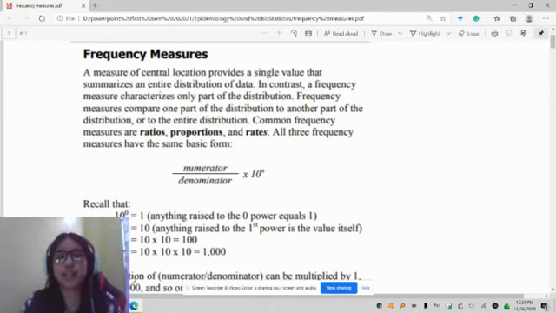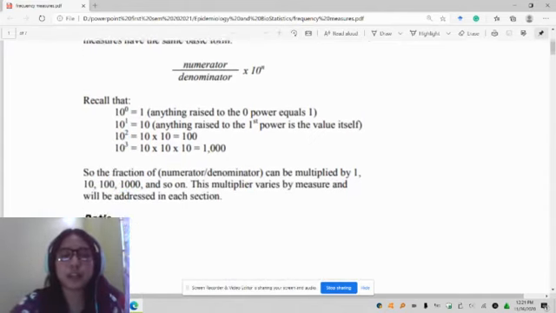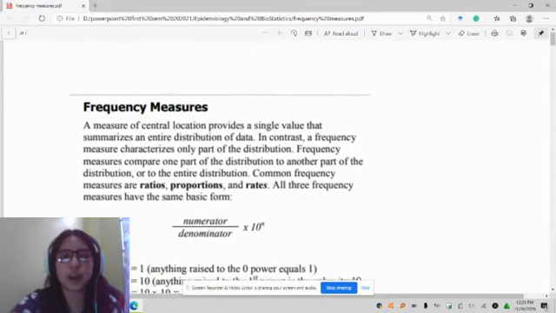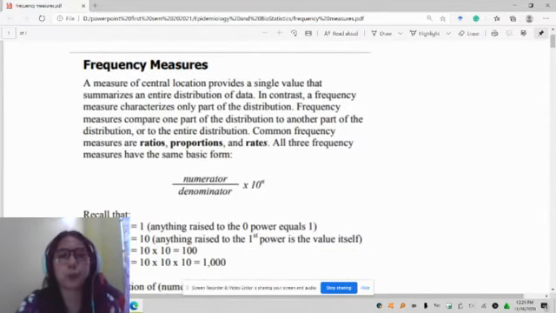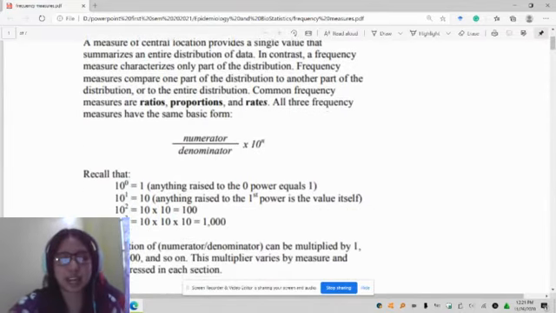Here it is similar, in a way, because we are dealing with the same formula: numerator over denominator, except that it is multiplied by 10 raised to n. So it can also be 100 if n is equal to 2. Now, the commonly used frequency measures are ratio, proportions, and rates.